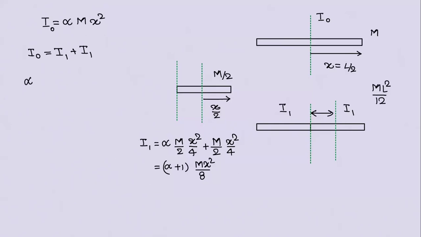So alpha m X square must be equal to I1 plus I1, which is 2 I1. 2 into what is I1? Alpha plus 1 into m X square by 8. Now 8 divided by 2 is 4, and m X square gets cancelled.